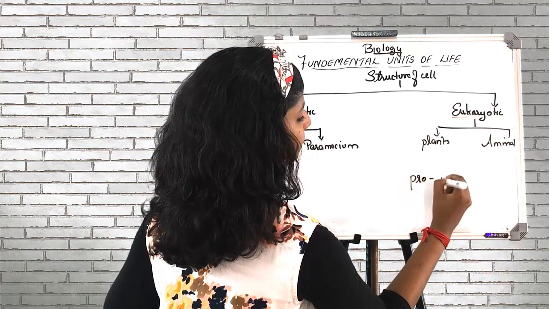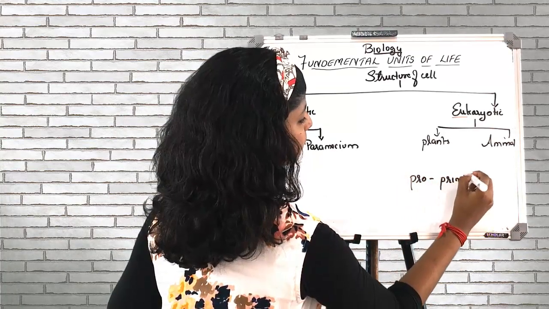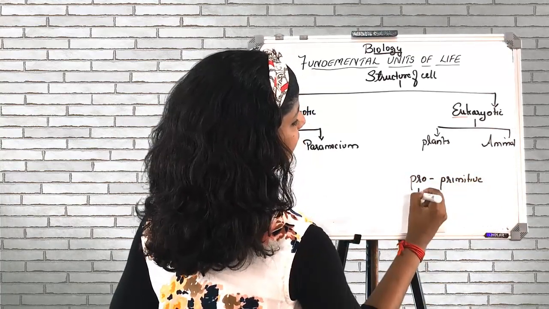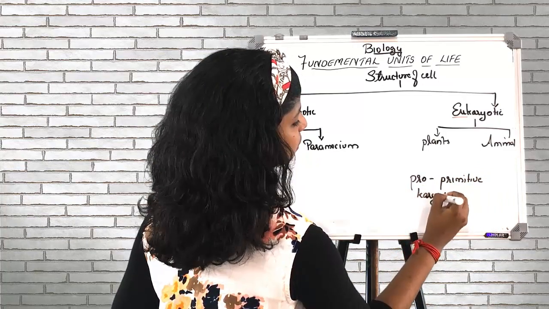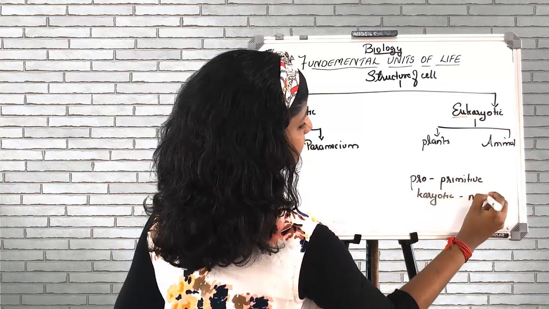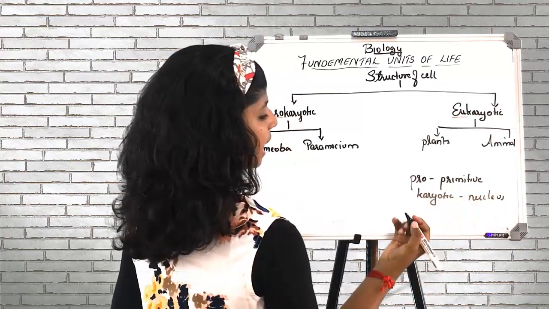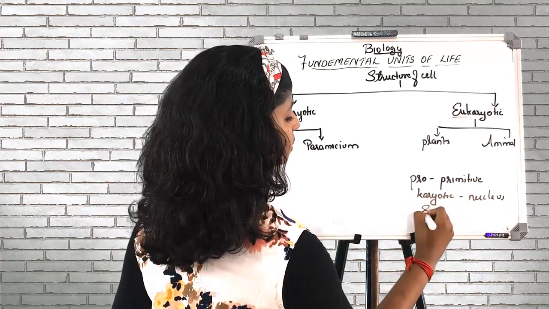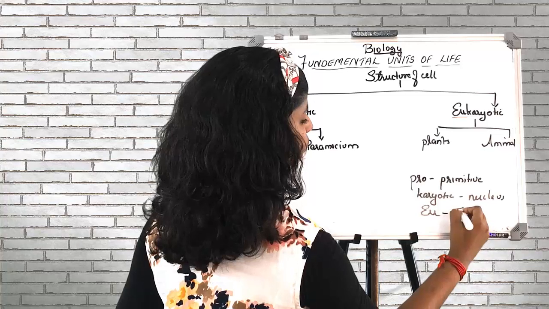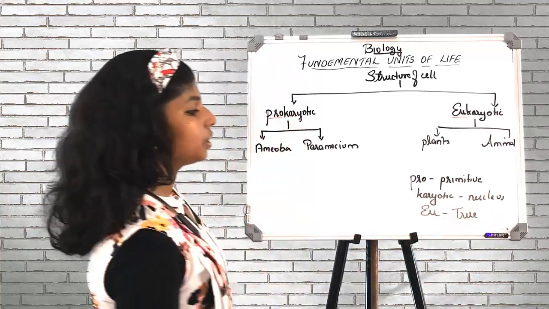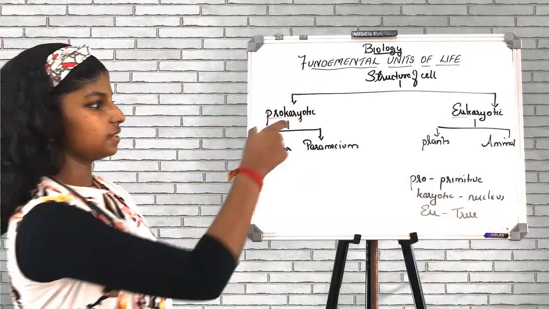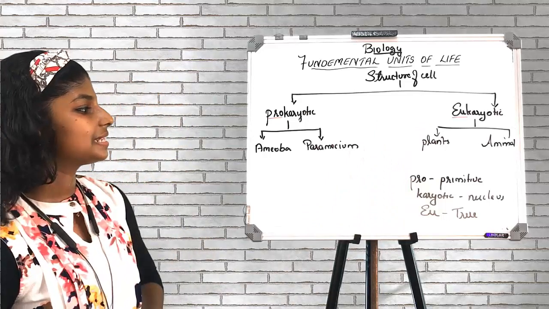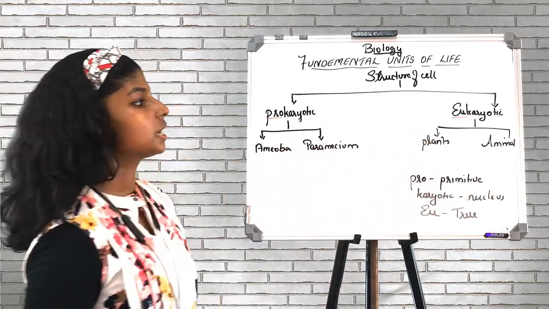Pro means primitive, and karyotic means nucleus, and eu means true. So this is the meaning of these terms, and these are the examples.